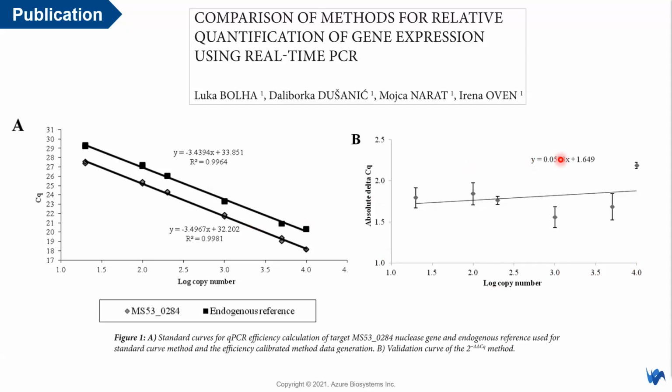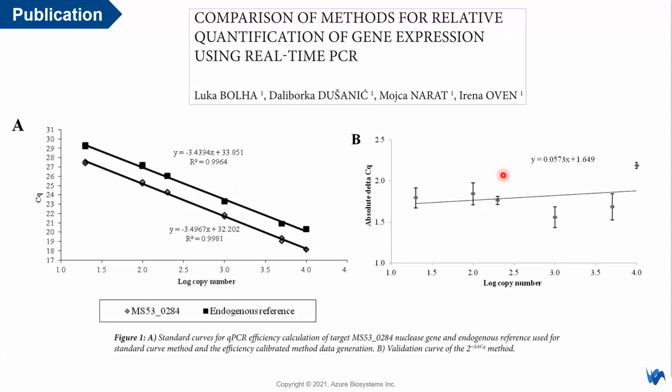And here you have the slope of this standard curve, for the standard curve and efficiency calibrated method, to get the primer efficiency and linear dynamic range. And here, you will get the slope, which is supposed to be less than 0.1. So this is closer to 0, lesser than 0.1. That means the efficiency for both target and reference genes are at similar efficiencies.